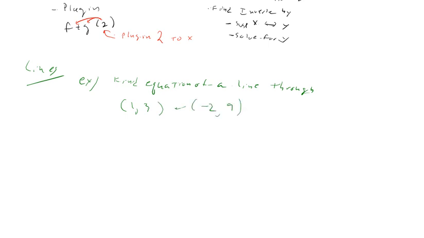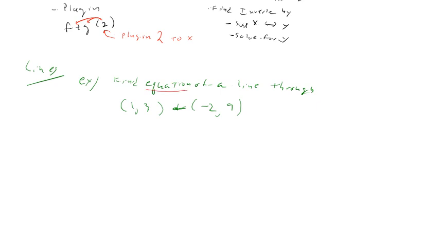Find an equation of a line through those 2 points. What do we do? Find the equation of a line through these points. 1, 3 and -2, 9. I'm looking for an equation. Keyword.